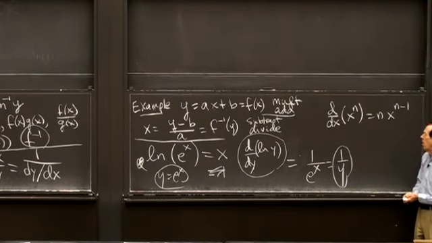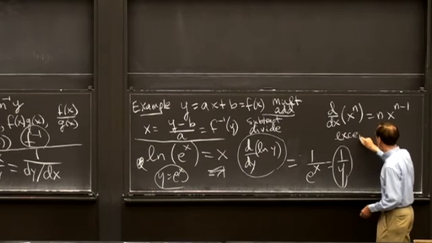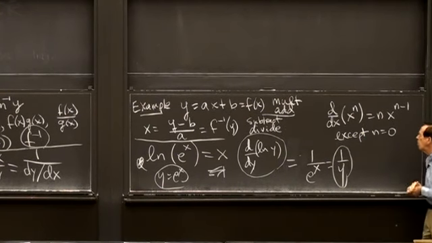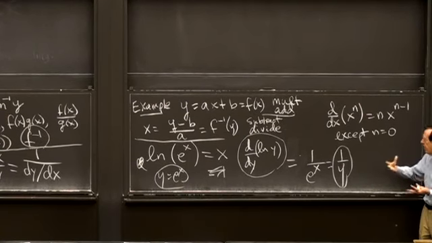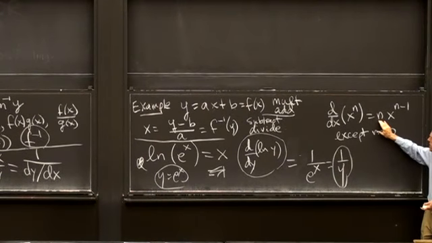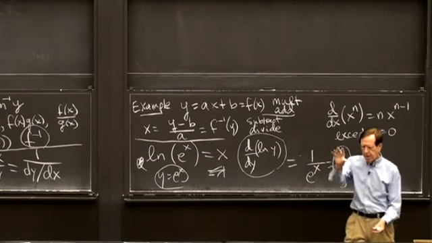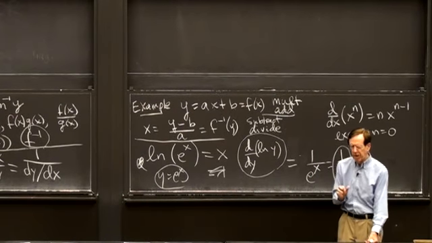If n is 0, so I have to put except n equals 0. Well, the formula is still true when n is 0, so I don't mean the formula fails. What fails is that when n is 0, this right-hand side is 0, and I don't get the -1 power. No power of x produces the -1 power when I take the derivative.